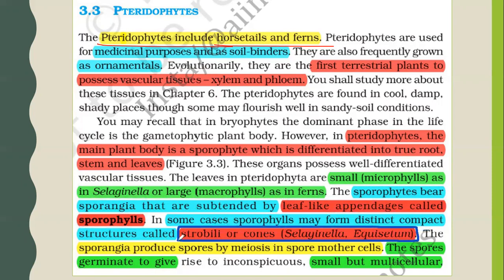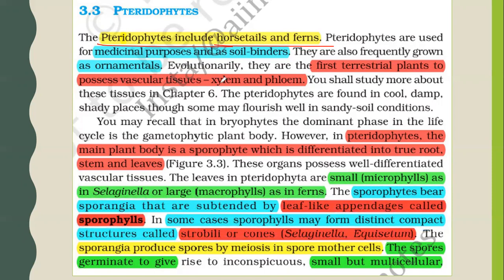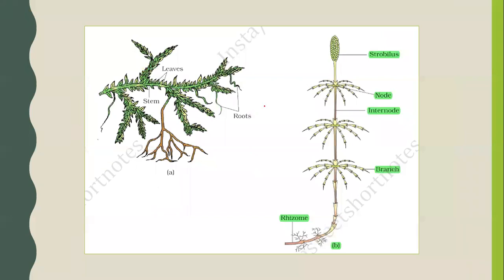Selaginella and Equisetum, that you will find. Strobilus, node, internode: between two successive nodes you have the internode.